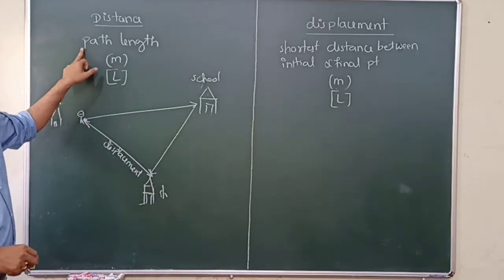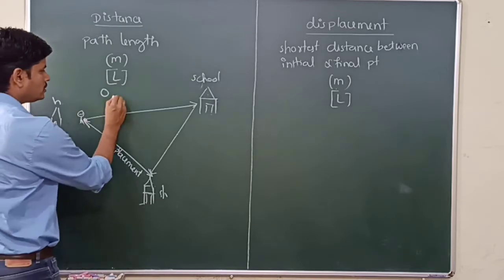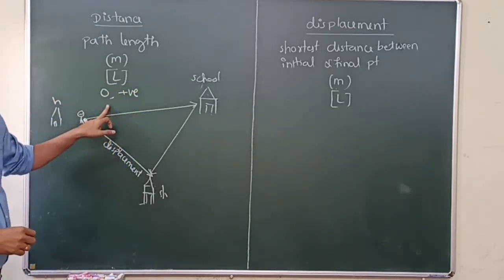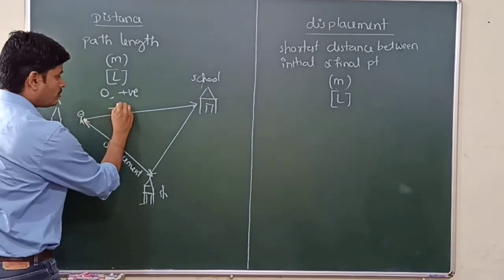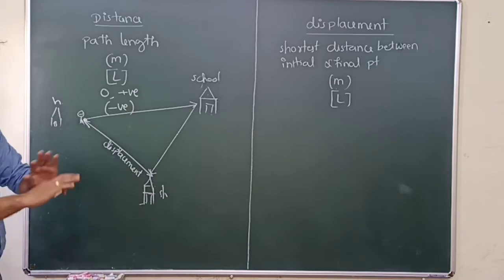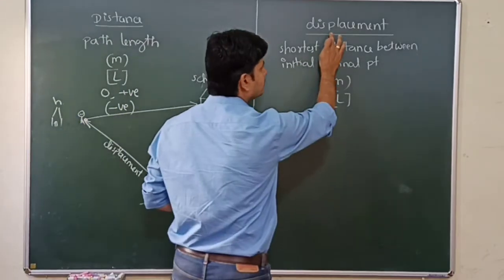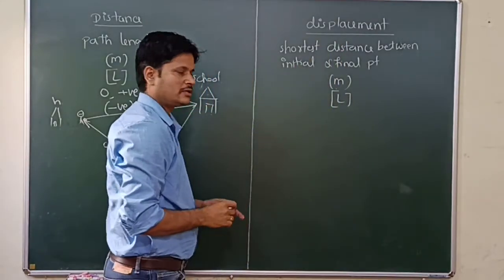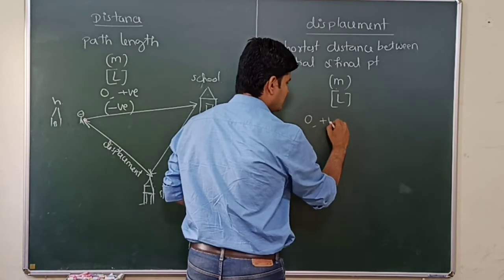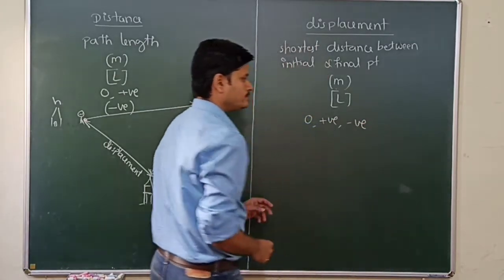This path length may be 0 or positive, but it cannot be negative. Negative is not possible. But in case of displacement, it may be 0, positive, or negative.